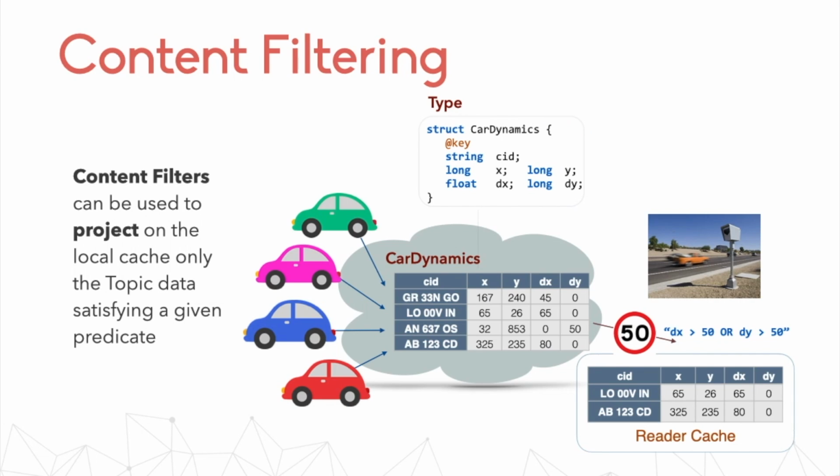And look, what we are requesting is data for which the velocity in the X or the velocity in the Y direction is beyond 50, let's say, kilometers per hour. Important to understand that in this case, although the data is being produced by the cars, in the application that needs to decide whether to flash a given car or not, only the data that matches this predicate is being received. So that's how a content filter works.